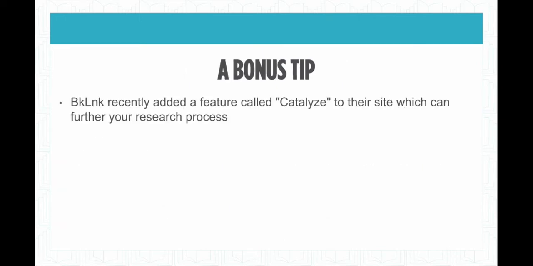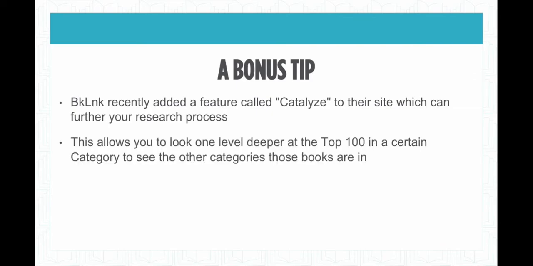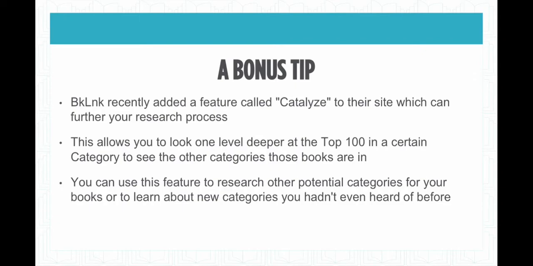So here's a little bonus tip. BookLink recently added a feature called Catalyze, which will allow you to see what other categories are in the top 100 of the category you're searching. So you can get a deeper look. It spiders the site. I don't know exactly how it does it. I sound old when I say that kind of stuff, but you can see what other categories the top 100 of your category is in.